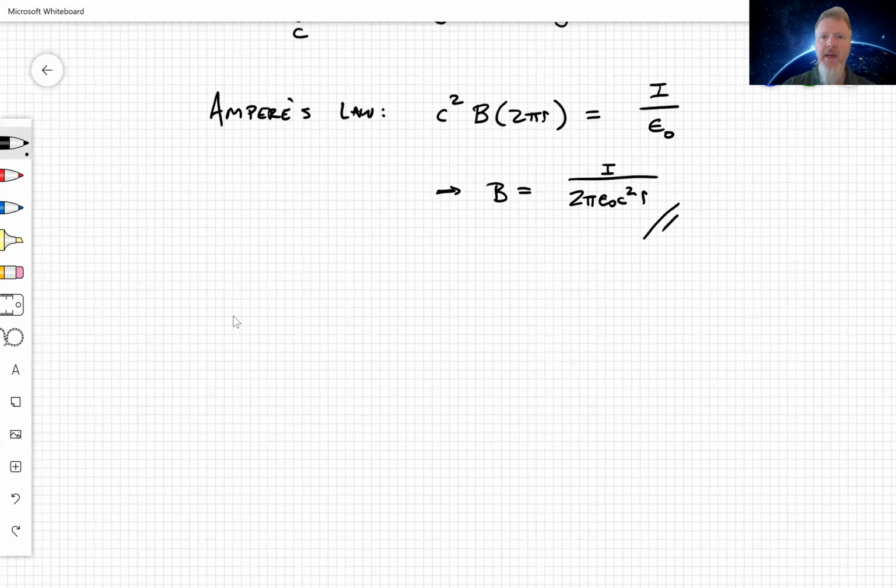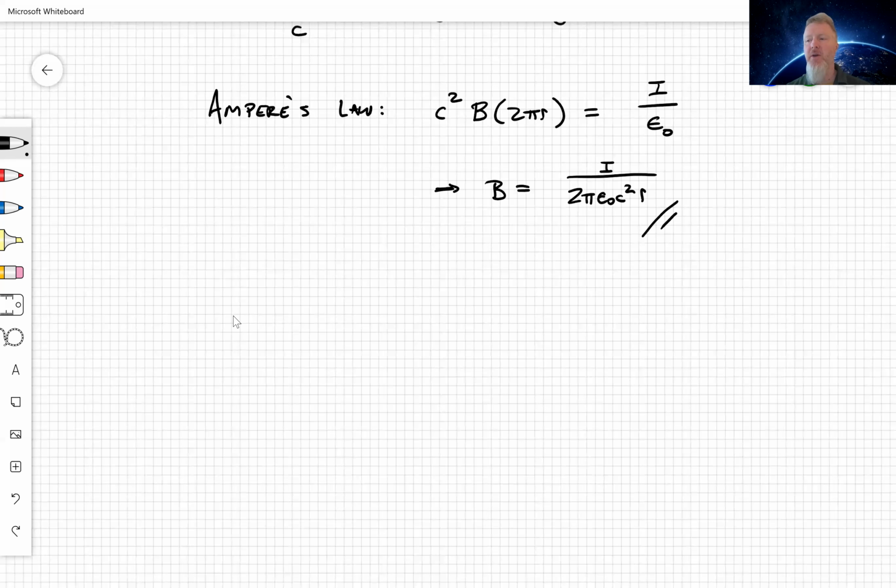All right, so that's the field outside a long straight wire whose radius is small compared with whatever. Now let's take a look at what happens inside the wire, where the radius of the wire is significant.